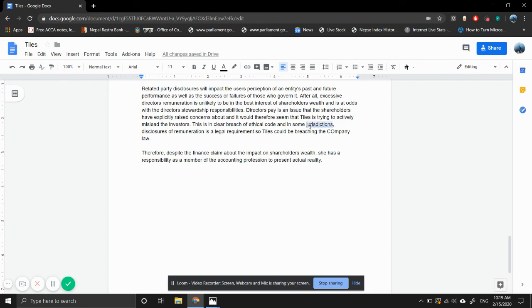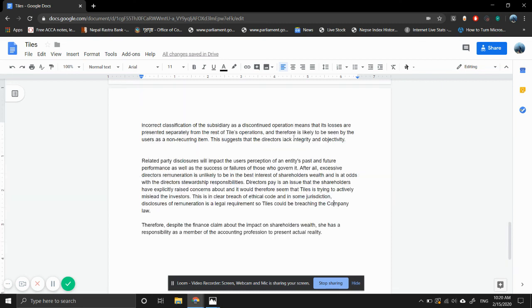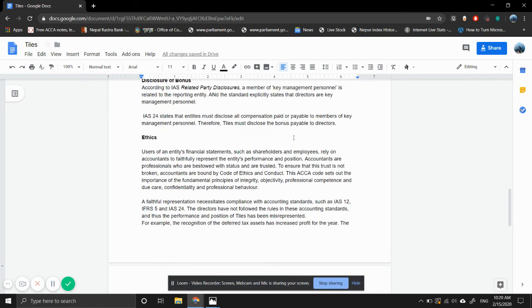Otherwise, if they had told about action, what we would normally do is the accountant would first of all report it, confront them, tell them you are clearly violating the ethical code, and then if they don't agree on it, go to the non-executive directors, let them know, and even if then they don't do anything about it, then we seek advice from the ACCA ethical helpline. That's what the course of action would be.